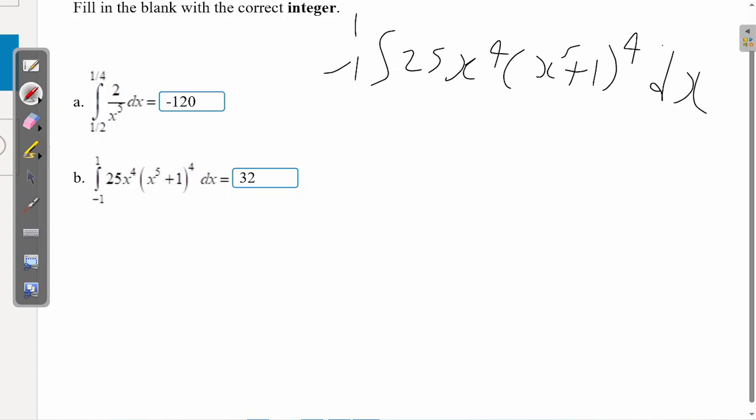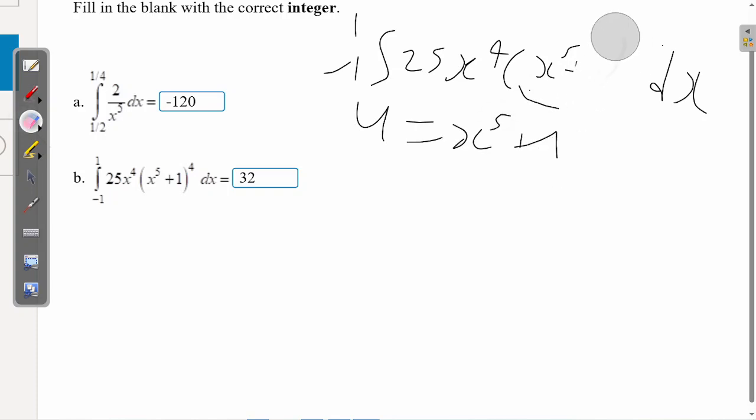Substitution. So what do we substitute with? The one inside with the big power. So u will be equal to x power 5 plus 1. So let's put it there. So let's put u power 4.